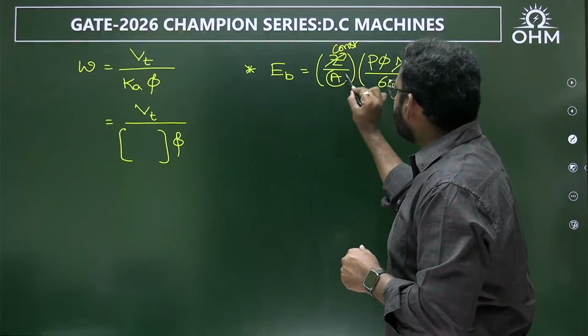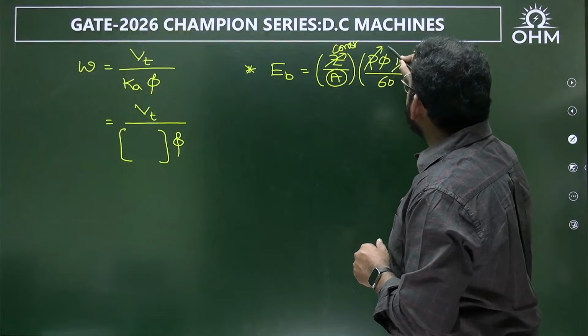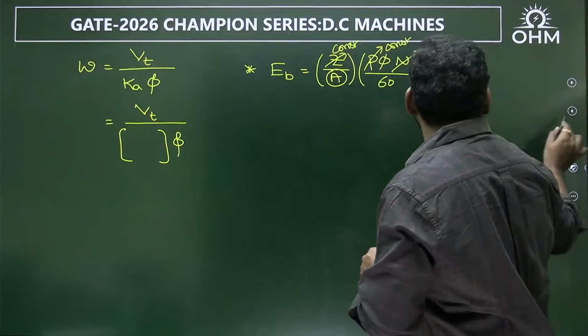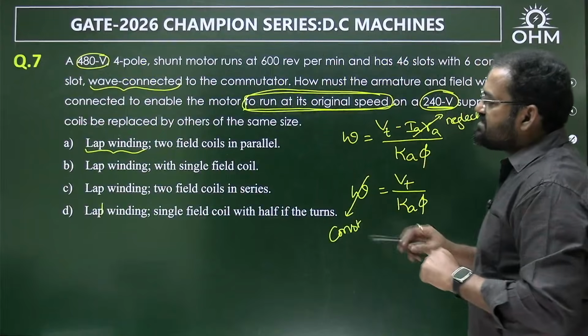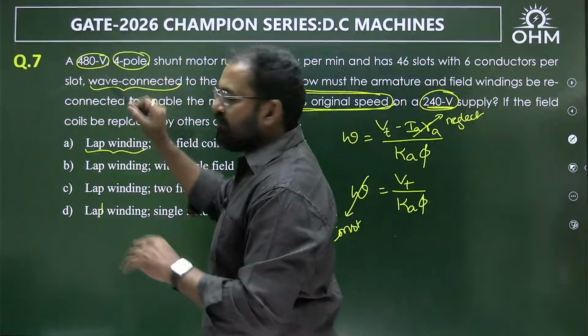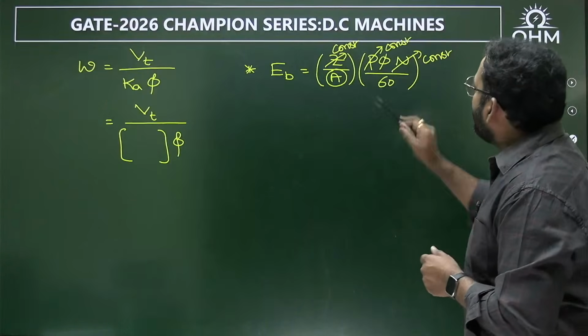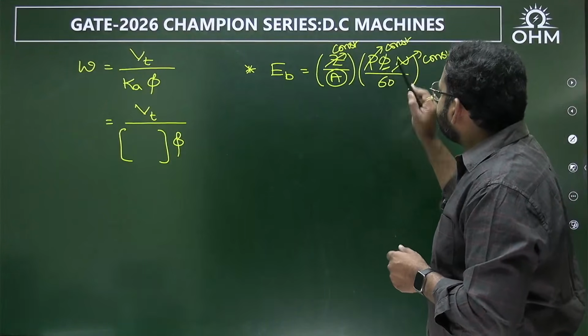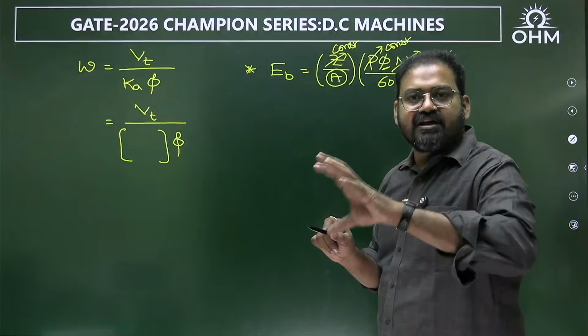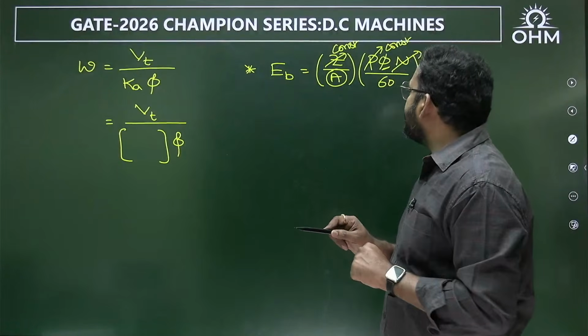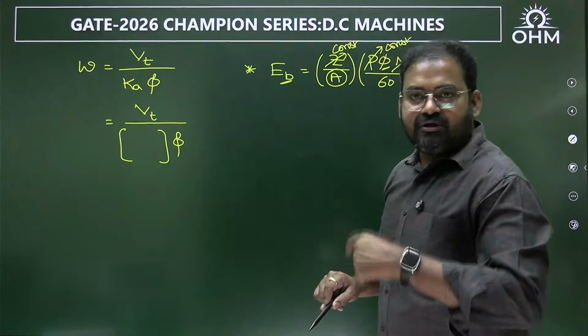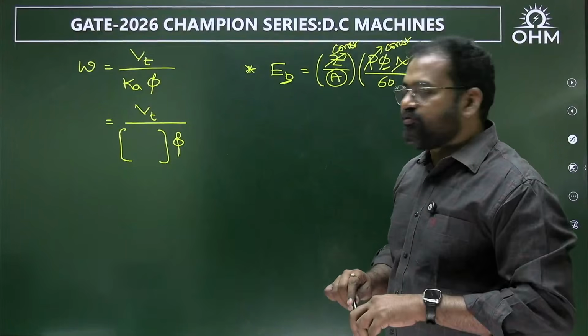Poles will be constant, right? Is there any information that the number of poles is modifying? No, same 4 poles. So poles will be constant. Flux is variable. I am changing the field connections, therefore flux might be variable. Voltage is variable because in the first case 480, next case 240.